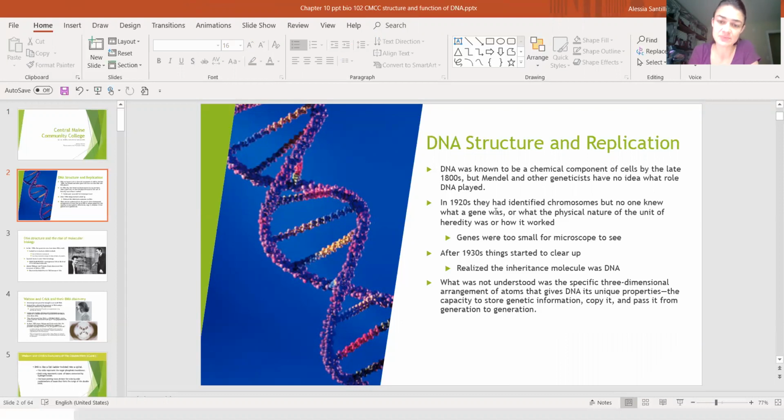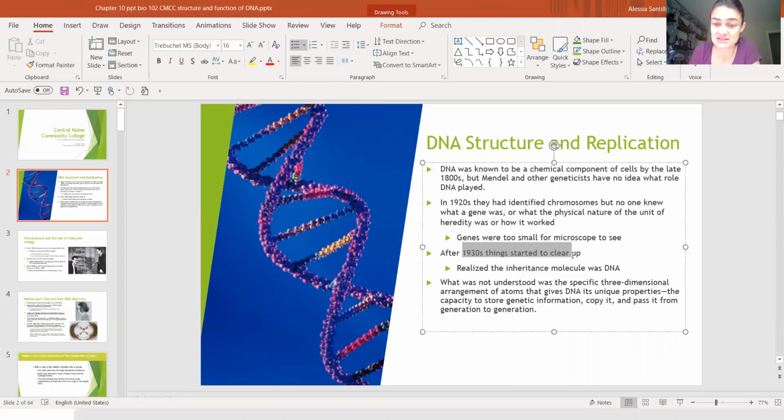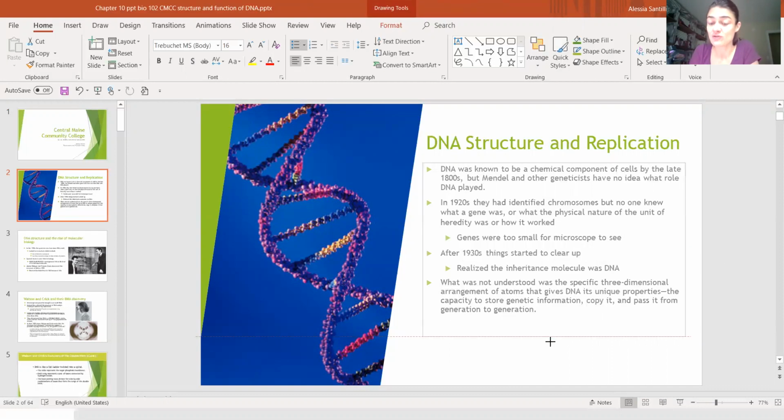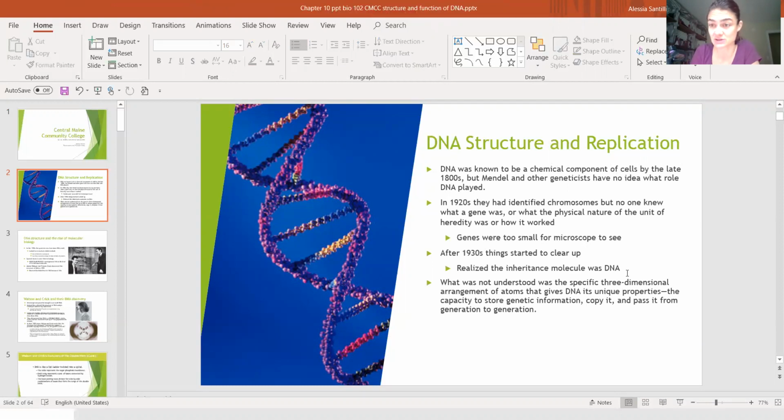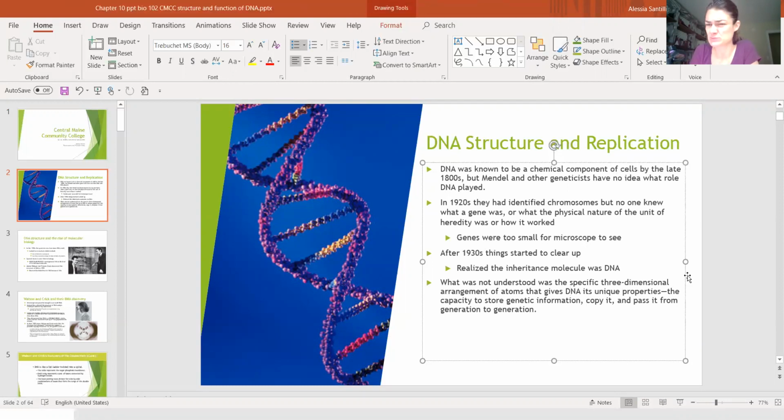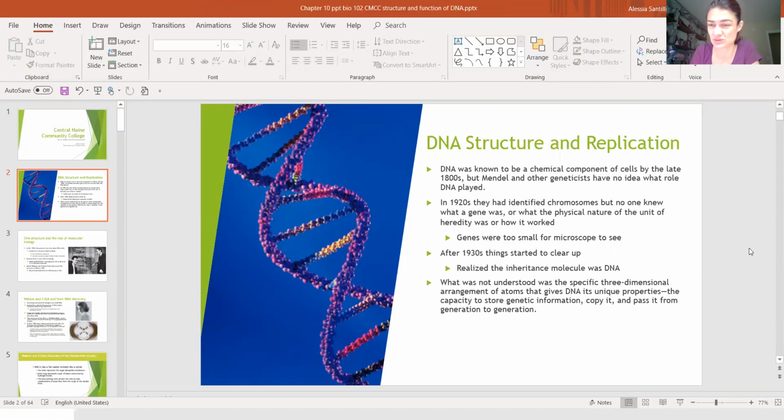That's all they realized. And then in the 1930s, so about 100 years ago, things started clearing up. That's when people realized that the molecule that carried the inheritance pattern from one generation to another was actually DNA. For a while, people thought it was proteins that did it, but we know that proteins don't do that.